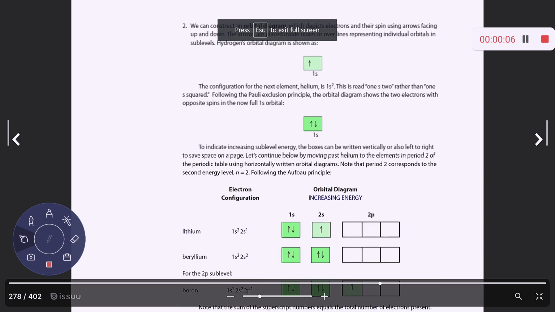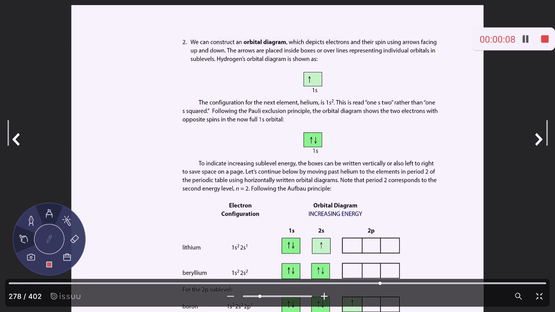These boxes with the arrows in them are your orbital diagrams. So if you were asked to draw a picture of what the electron configuration would look like, this is it, okay? So this is hydrogen, and hydrogen has an electron configuration of 1s1.